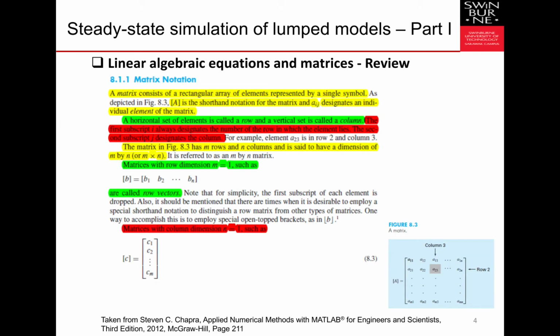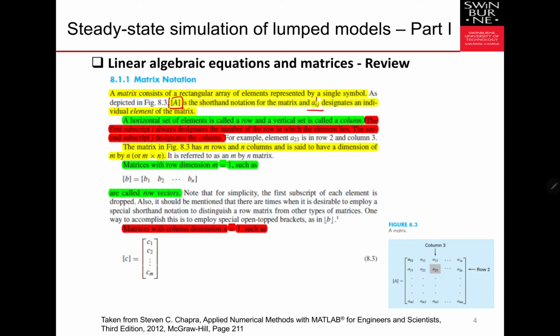Then let's take a look into a matrix. Here I use some sections from the Applied Numerical Methods book from Chapra, and I put a highlight on these slides. A matrix consists of a rectangular array of elements represented by a single symbol, where A is the shorthand notation for the matrix, and Aij designates an individual element of the matrix.